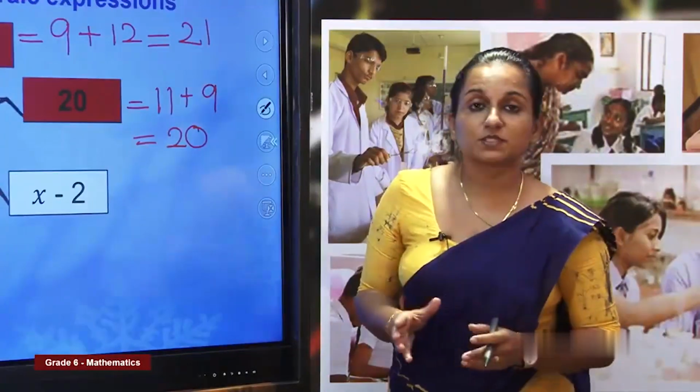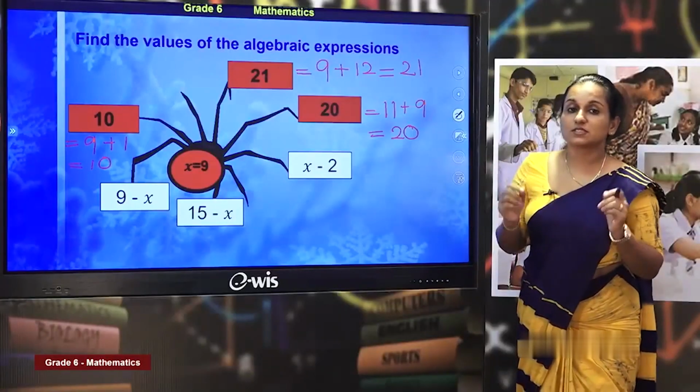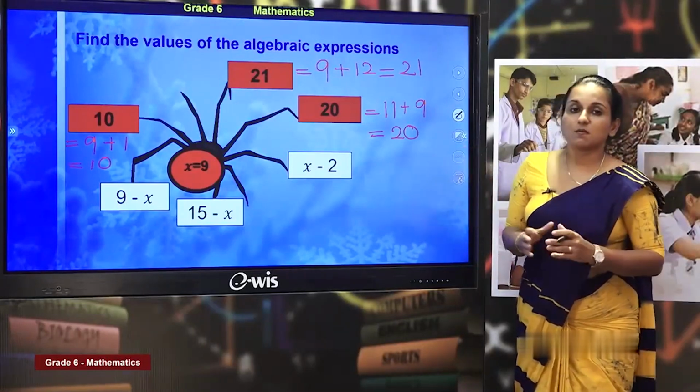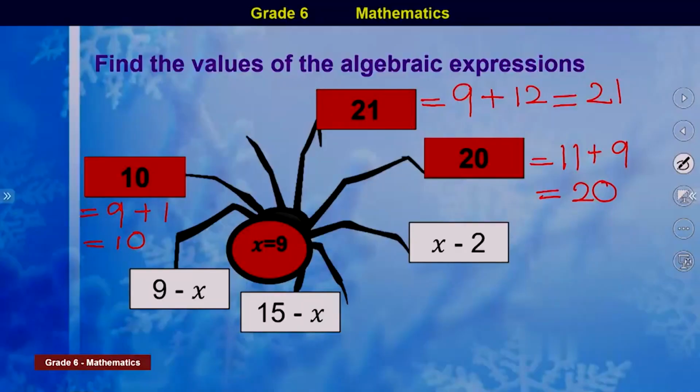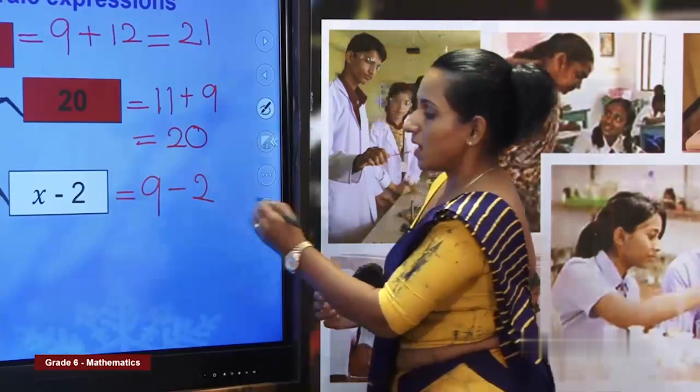I want to substitute x equals 9 to x minus 2. Instead of x, I can use 9. Then I have minus 2. Then I get the numerical expression 9 minus 2.